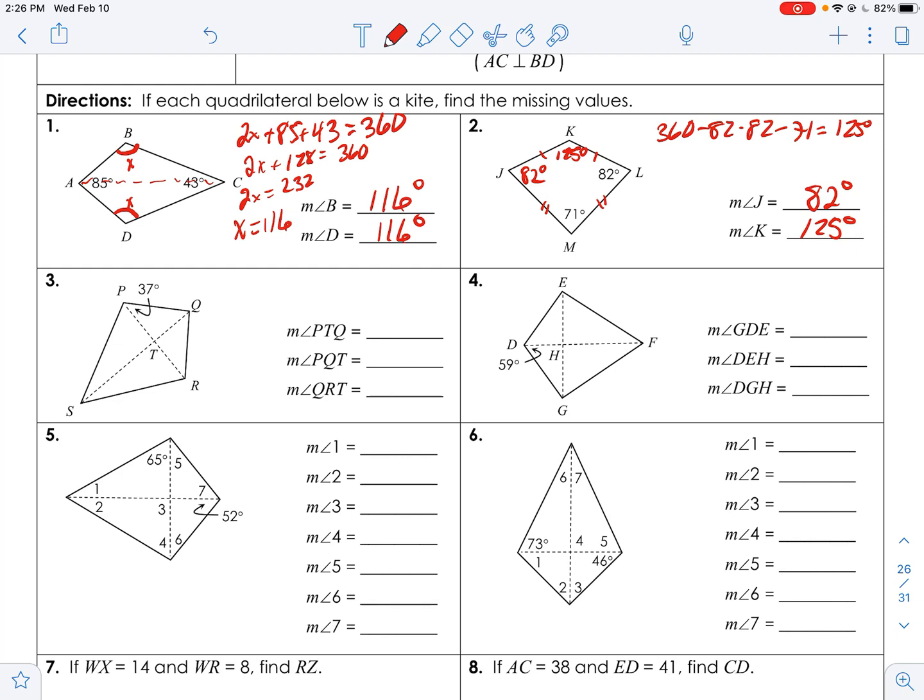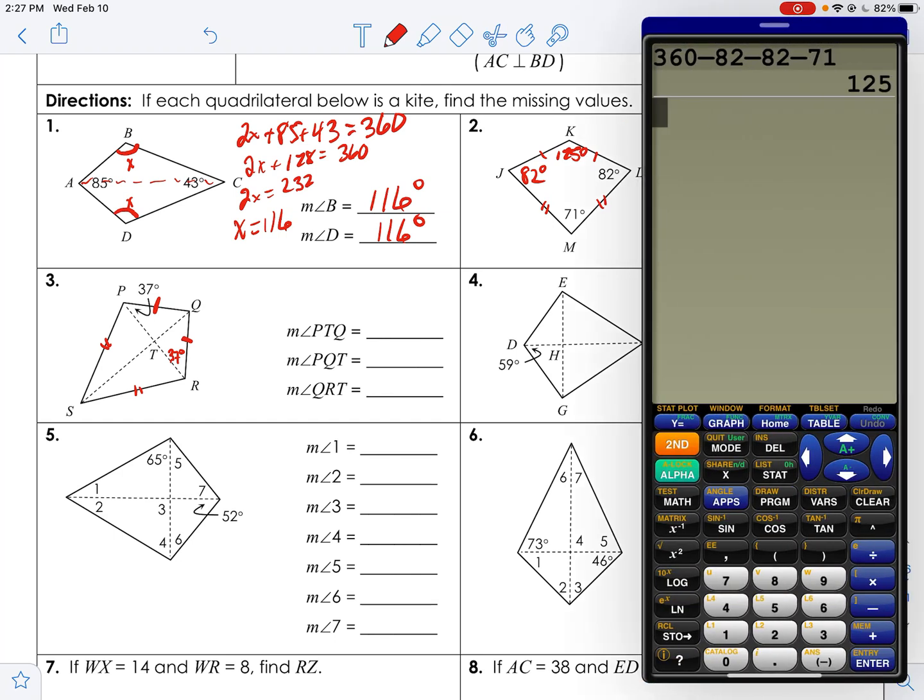All right. Number 3. What we do know is that this is the same as this, and this is the same as that. And if that's 37, because that's an isosceles triangle now, we know that that's 37. And we could figure out Q because 180 minus 37 minus 37 is 106.